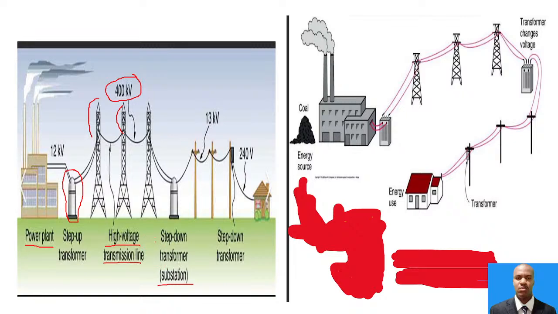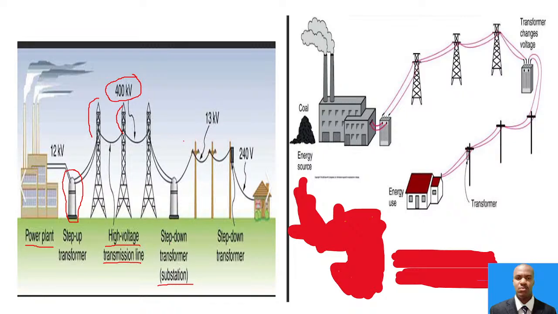That is, we may have a substation operating at 66 kilovolts, mainly for heavy industries, 33 for medium industries, and 11 kilovolts for light industries and also for consumers.